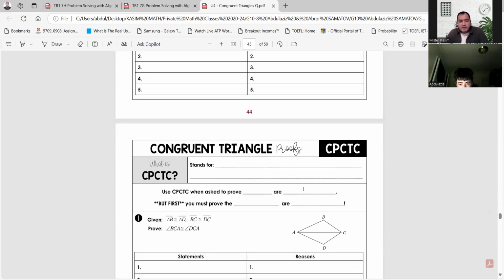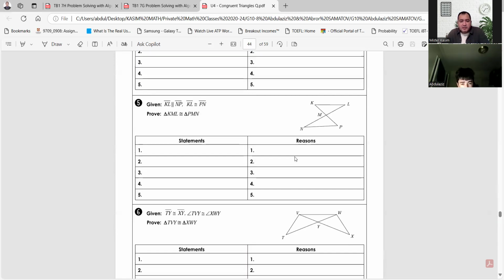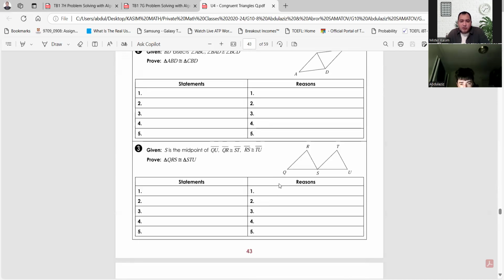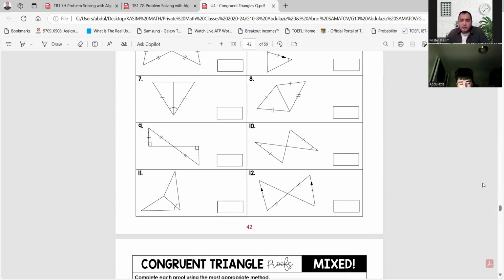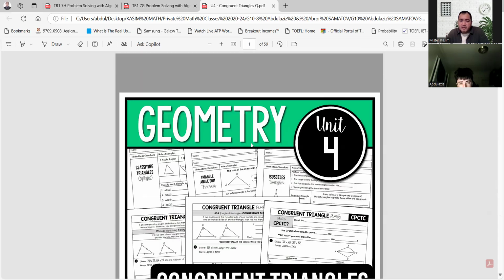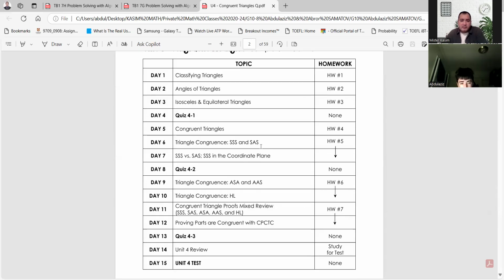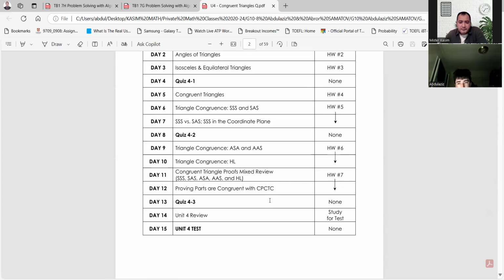I see. If I knew this, we would start from the beginning and we would do this, because to use this one, you need to know all of this stuff from before this chapter, like classifying triangles, angles of triangles, and isosceles and equilateral triangles, and so on. Okay.